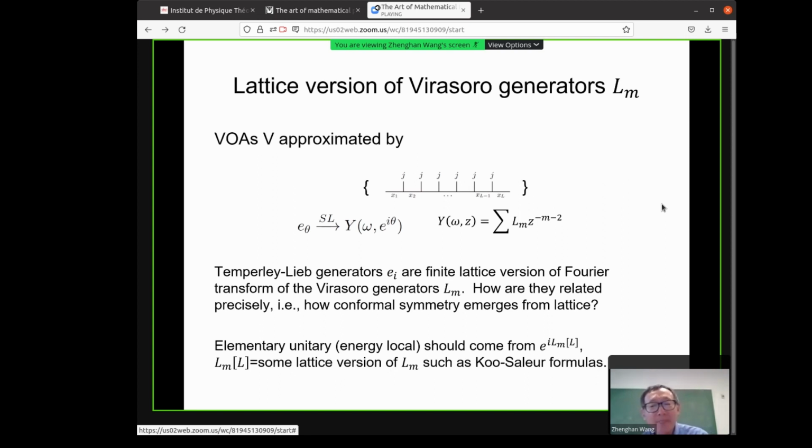And if you think about the braid group, as I already mentioned, the important thing is that it is related to template algebras. And the template algebra generators are kind of like a finite version of the Virasoro generators, except that there's a duality here. The template algebra lives on the real space, and the Virasoro generator is given in terms of the energy basis.